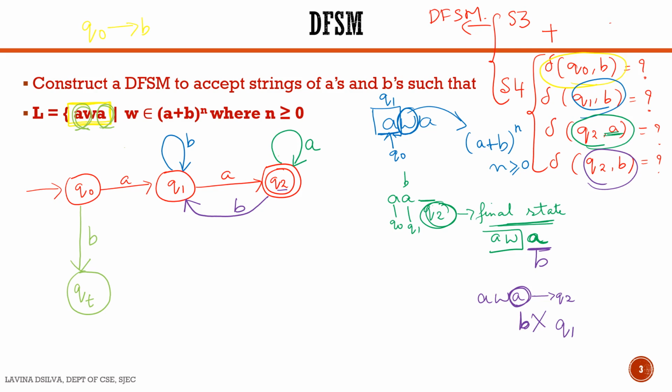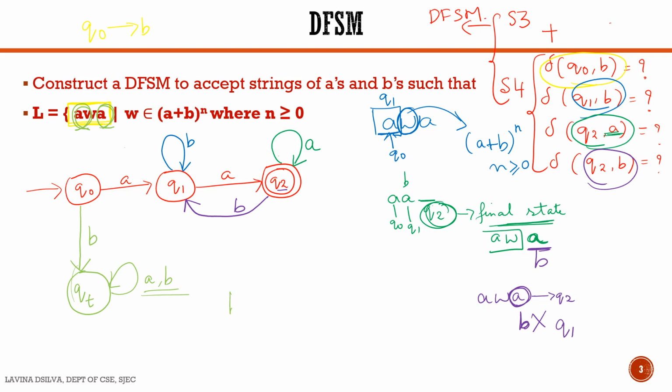With this, the other state which talks about the remaining input is Q trap state, and we can have any number because once it goes to the Q trap, it is being trapped. The meaning here is if the DFSM moves to the trap state, then it is trapped here. So it doesn't matter about the inputs it receives after that.